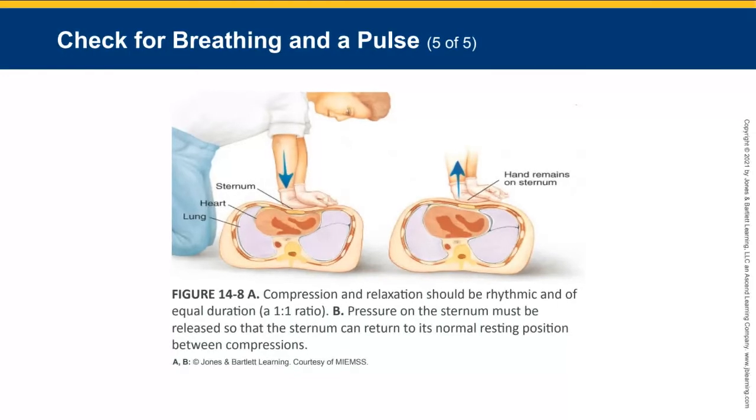If you don't release, the blood won't go anywhere. So compression and relaxation should be rhythmic and of equal duration, 1-to-1. Pressure on the sternum must be released so that the sternum can return to its normal resting position between compressions.